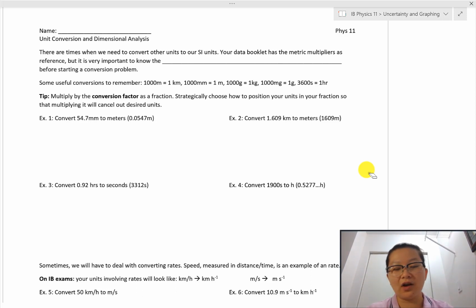So unit conversions, very important. Side story, I think it was around 1999, maybe before you were born. There was a mishap with NASA's Mars Climate Orbiter. The system was expecting metric units, and we know the States use imperial units instead of the metric system, so there was a miscommunication with the units.